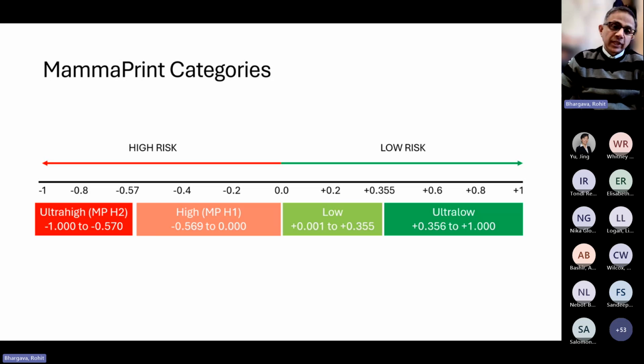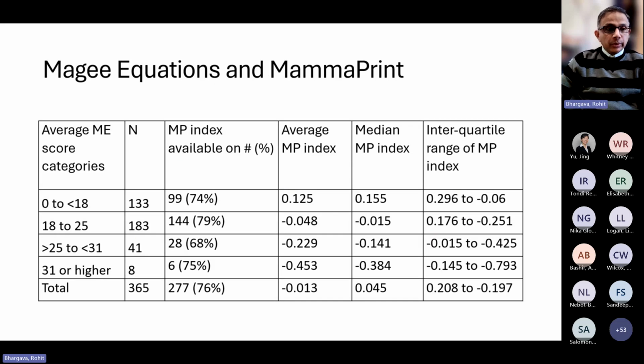And since there were 4 different categories, we have looked at how they compare to the 4 categories of Magee equations. Is there a correlation? So looking at this table, we had 365 cases that were sent for MammaPrint, but we had the MP index available on 277.